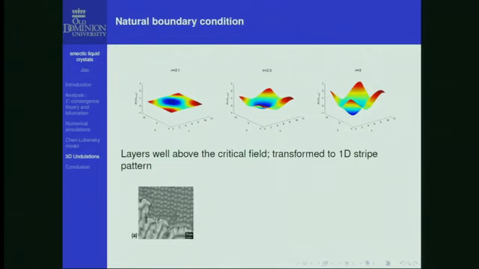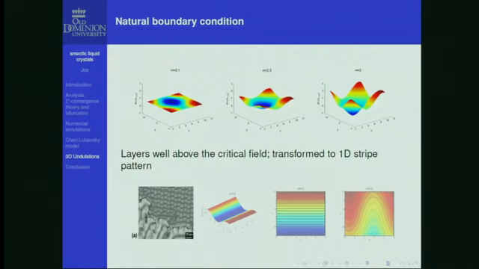And the one thing that we observed is that, well above the critical field, the experiment shows that this square lattice type undulation transforms to a 1D stripe pattern. So that's what we obtained here. Well above this critical field, the undulation becomes like that. In one section it is just flat layers, and in the other section we have undulations.